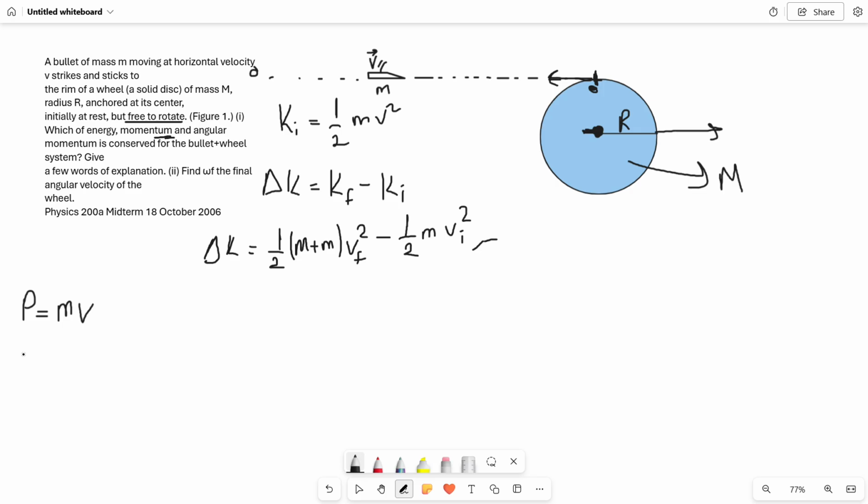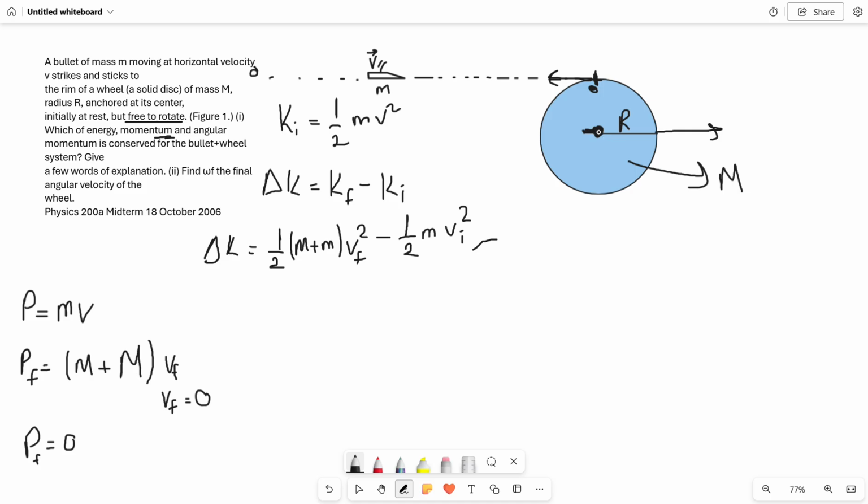That's why, let's write the final momentum. There is an m from the bullet, there is an m from the wheel, and there is a final velocity. This is not moving to the other side, this is not moving to the right side. That's why final v equals 0. Then the final momentum is 0.